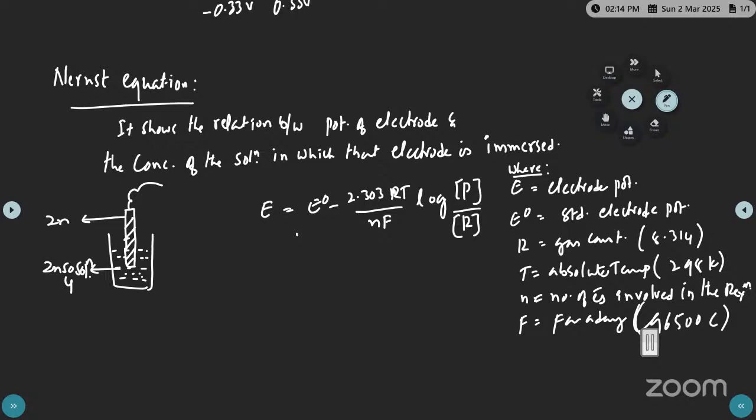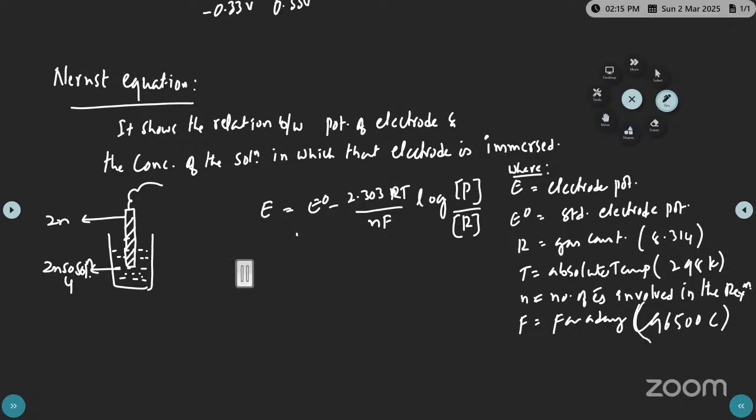Right. And what are the products and what are our reactants? For example, for this electrode, write the electrodic reaction. If the zinc is involved in oxidation, what is the reaction?